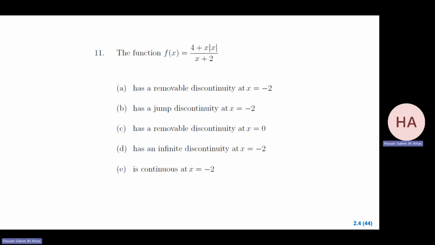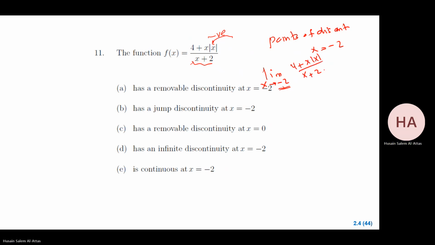This one, there is an absolute value. So my concern is about x equal minus 2. The point of discontinuity is x equal minus 2. So I need to check the limit as this goes to minus 2. For the absolute value, if x goes to minus 2, x is negative, so for this function, regardless of right or left, the limit as x goes to minus 2 of 4 plus x times minus x over x plus 2.